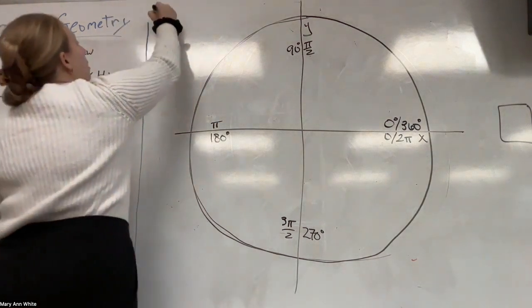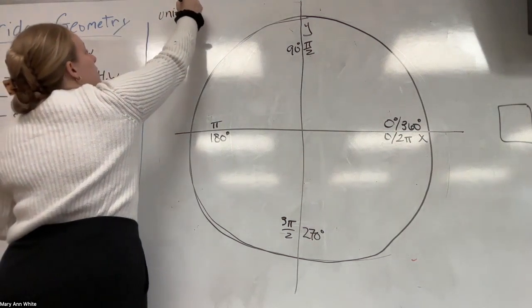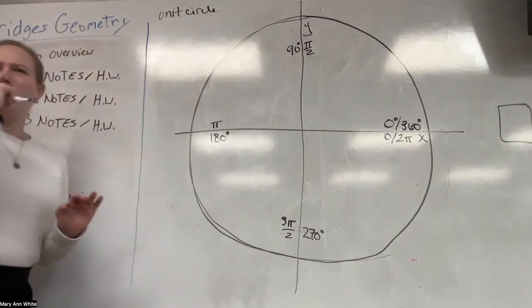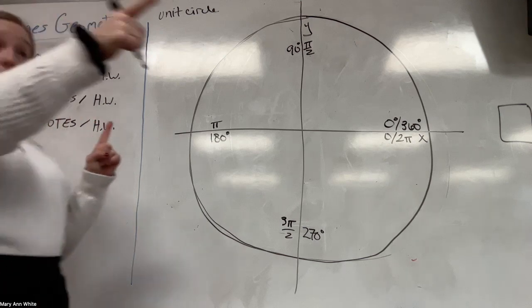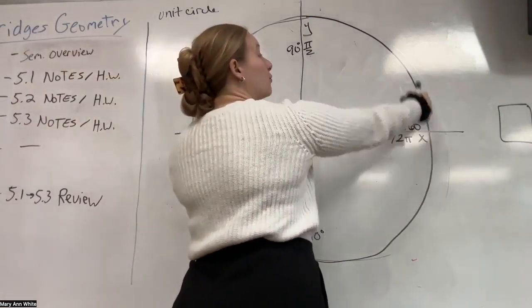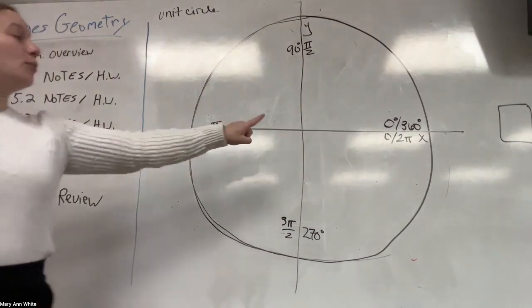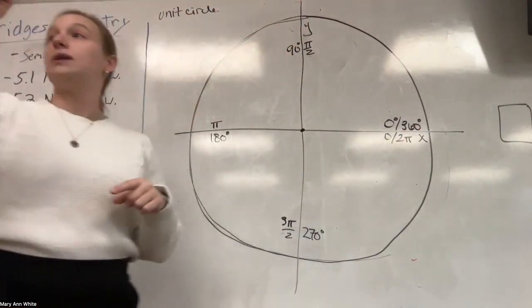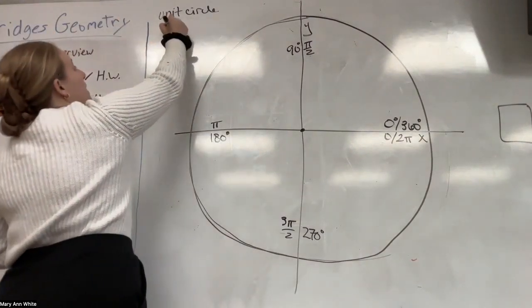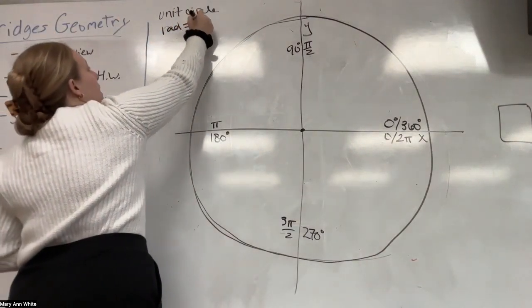Now, I also asked you to label the point. If you remember, we call this the unit circle. And do you remember why I said we call it the unit circle? Good. The radius all the way around from any point from the origin anywhere on the circle is 1 unit away. So radius equals 1 unit.